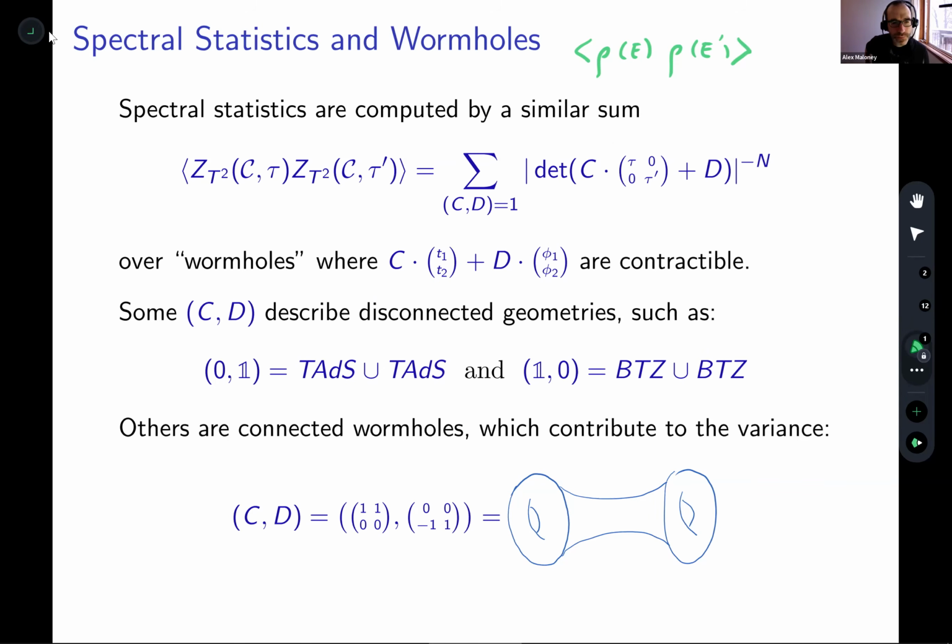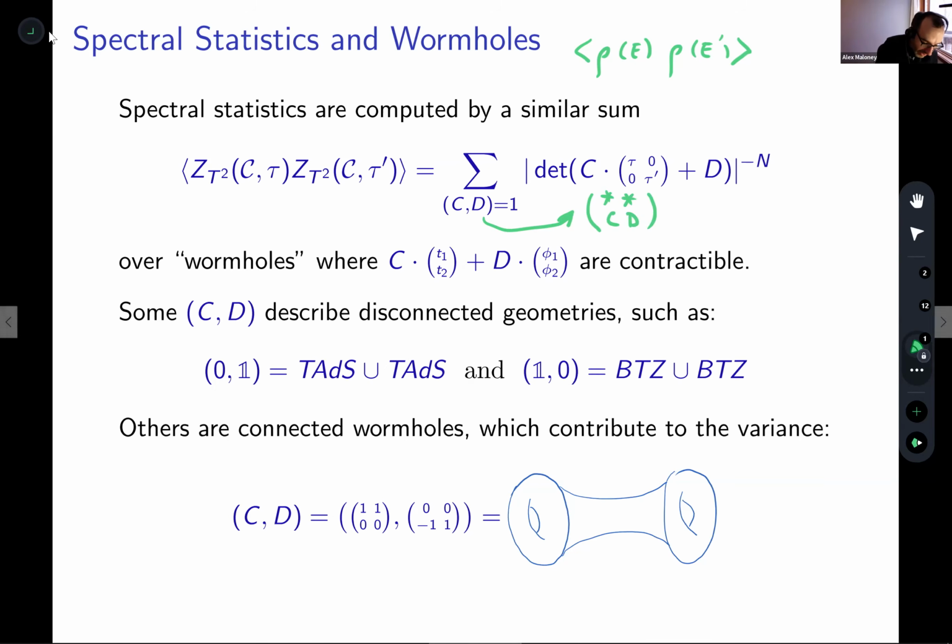Okay, so how do you do the sum? Well, it's almost exactly the same thing that I wrote down on the other side. It's a sum over the modular group, except now instead of SL2Z, I have a sum over SP4Z. I've written that as a sum over pairs of matrices C and D, which you should think of as making up the lower row of some SP4Z matrix.